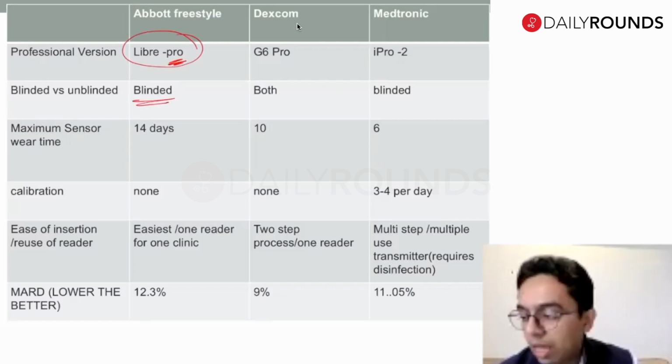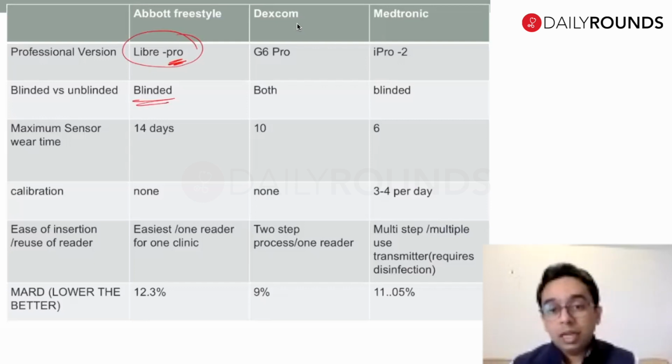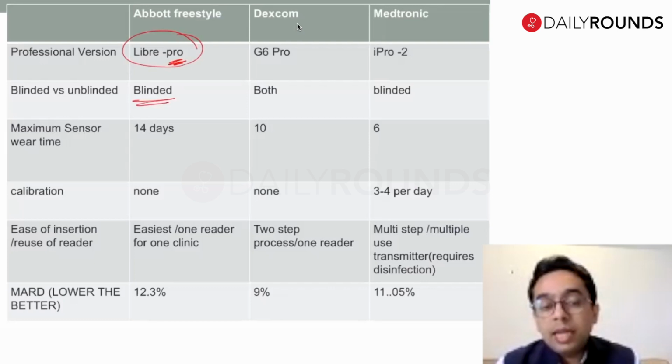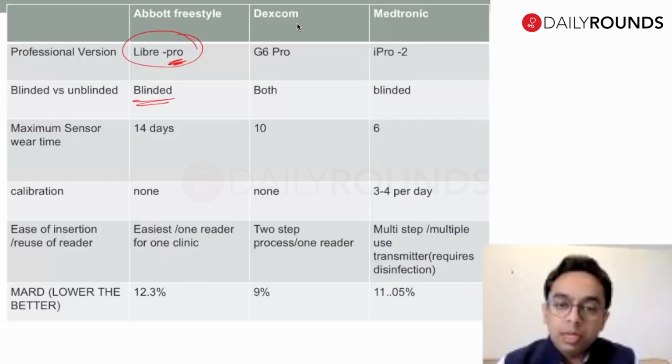But now we have this where the patient can see the data, or even we have third-party apps via which the patient, through their NFC-enabled phone, can get the data directly from the sensor. And then we have some third-party devices also, again not recommended by the company.